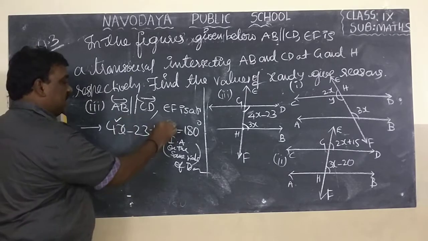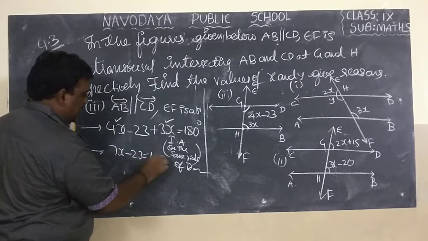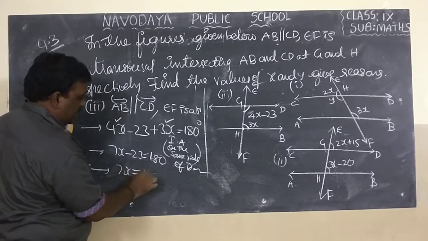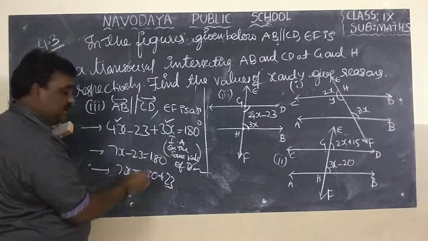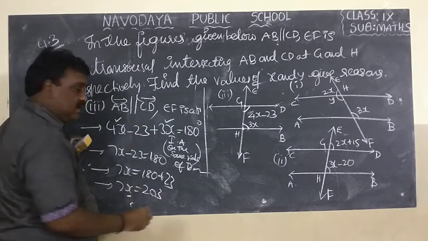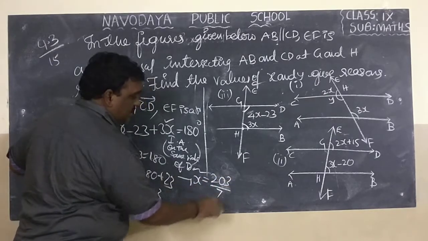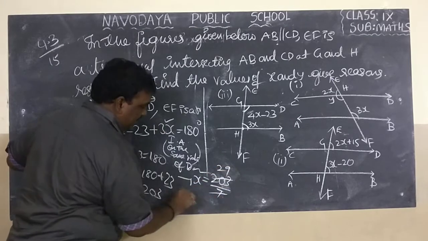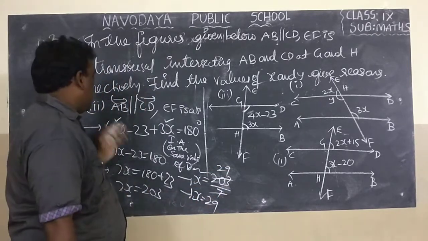Add 4x and 3x, 7x minus 23 equal to 180. 7x equal to 180 plus 23. Minus 23 becomes plus 23. 7x equal to 203. x equal to 203 by 7. How much? 29. x value 29.